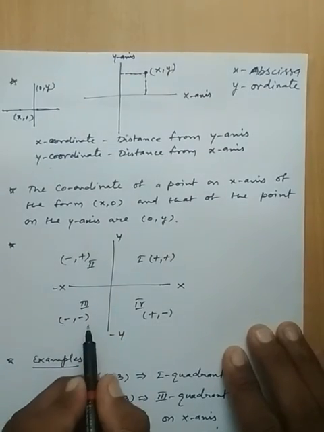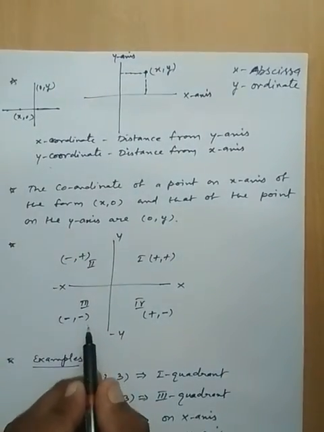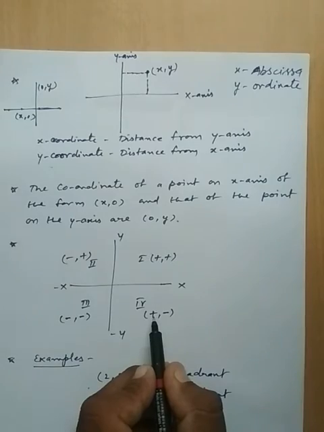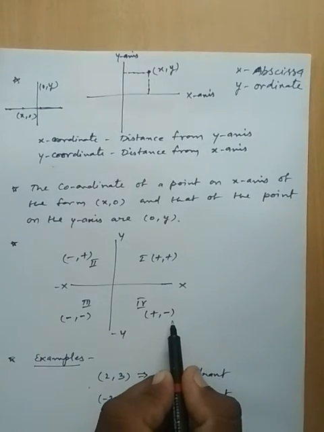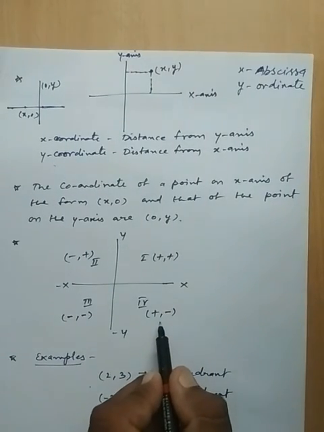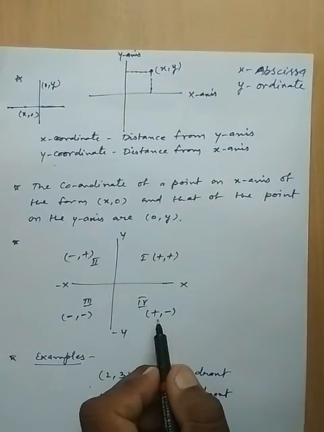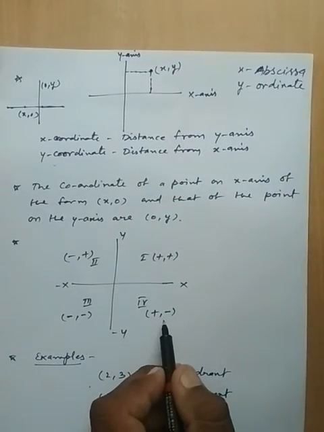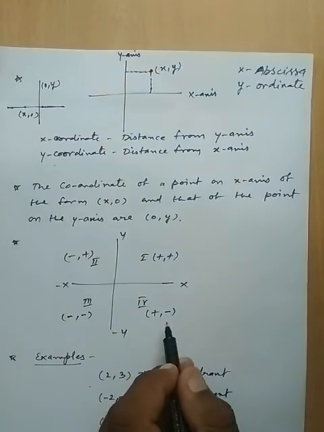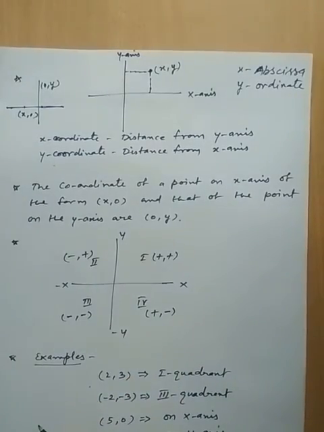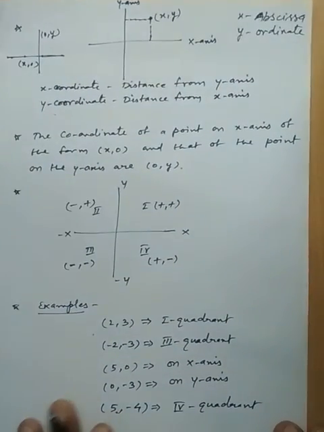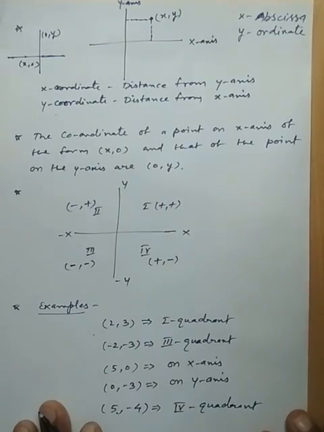In the third quadrant, both are negative, and in the fourth quadrant, x coordinate is positive and y coordinate is negative. And it is very helpful for finding the quadrant or the position of a point in a quadrant or on the axis. Here we can find some examples. It is very helpful for this type of question.